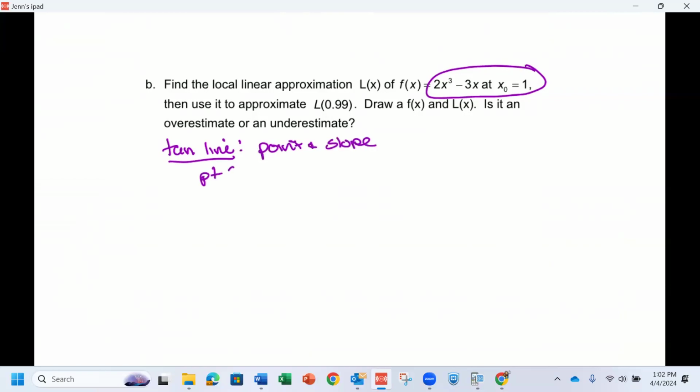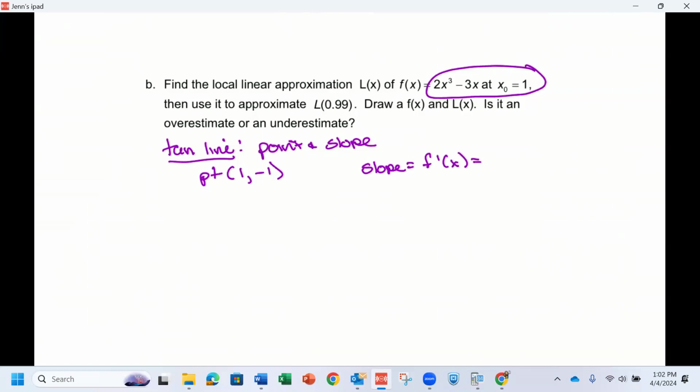So my point, I know the x coordinate's 1. So what's my y coordinate going to be? My y coordinate's going to be 2 minus 3, which is negative 1. Let's talk about the slope. Where does the slope come from? The slope comes from the derivative. So I have to find f prime of x. Now be careful, we've been integrating a while.